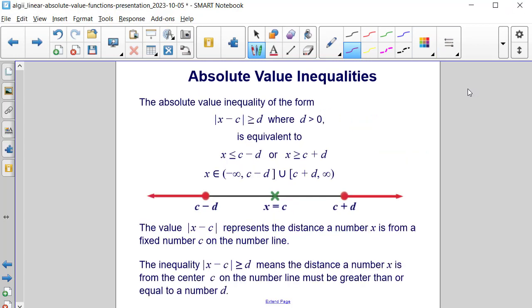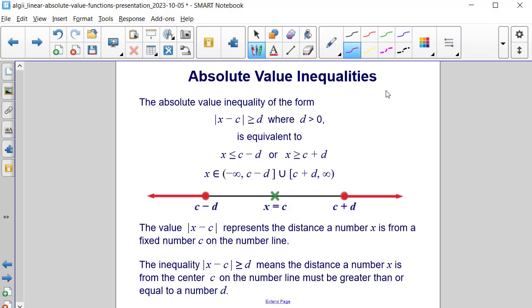The absolute value inequality of the form, absolute value of the quantity x minus c, is greater than or equal to d, where again d is a positive number, meaning greater than 0, is equivalent to writing the compound inequality x is less than or equal to c minus d, or x is greater than or equal to c plus d.